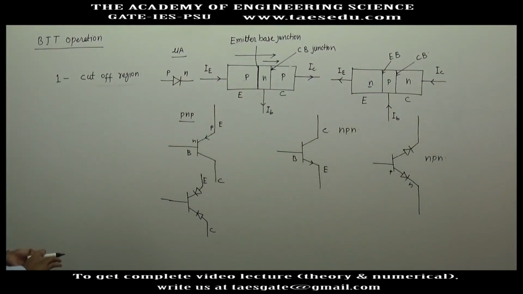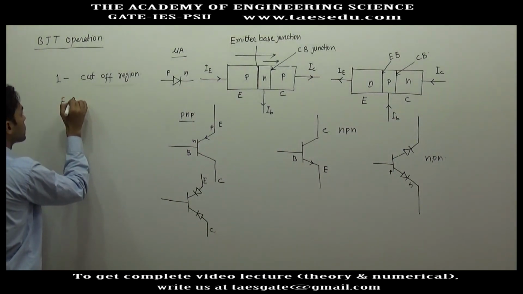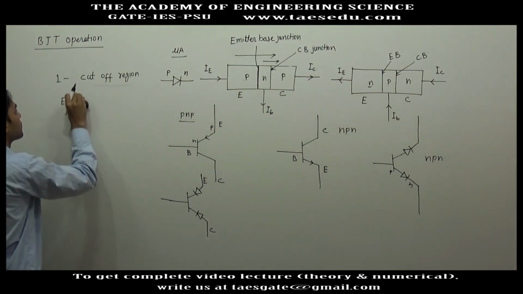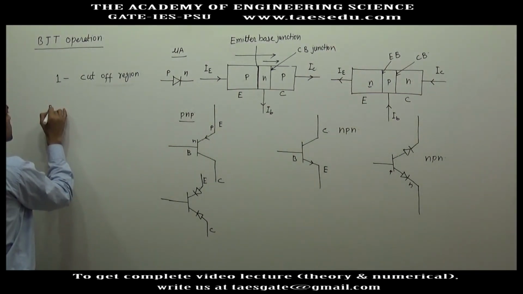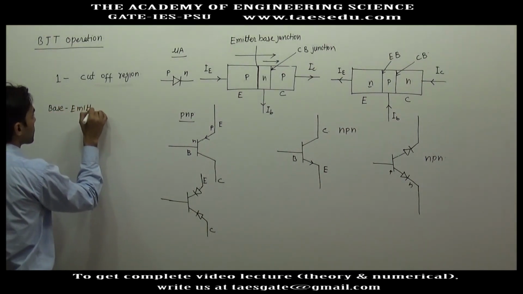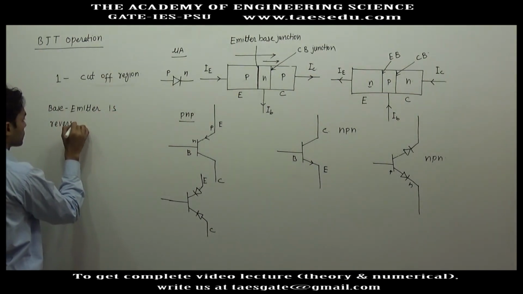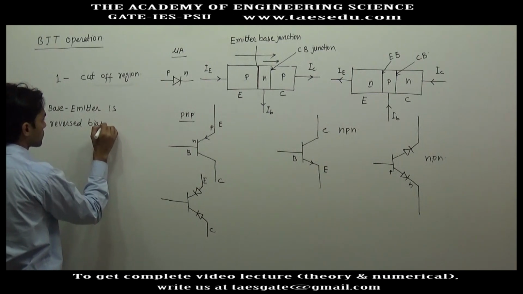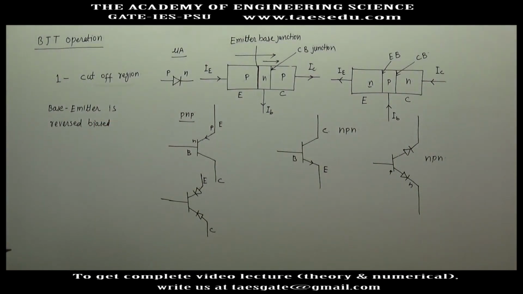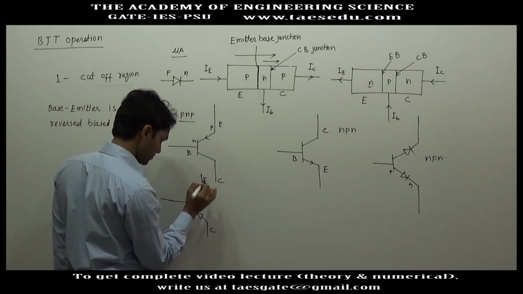In case of cutoff region, the base emitter junction is reverse biased. So if the base emitter junction is reverse biased, what does it mean?